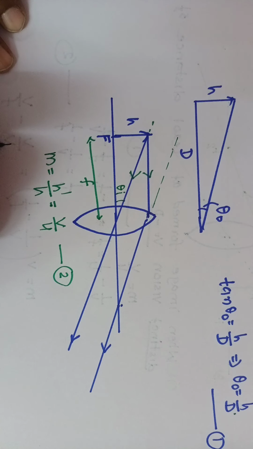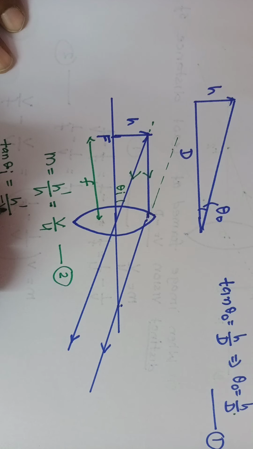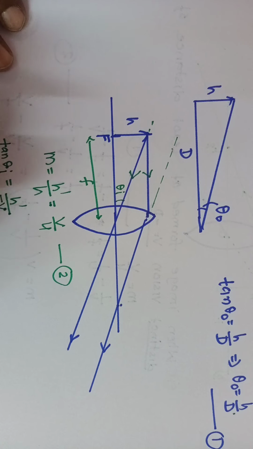So tan theta I will be H dash upon minus V, because what is H dash?